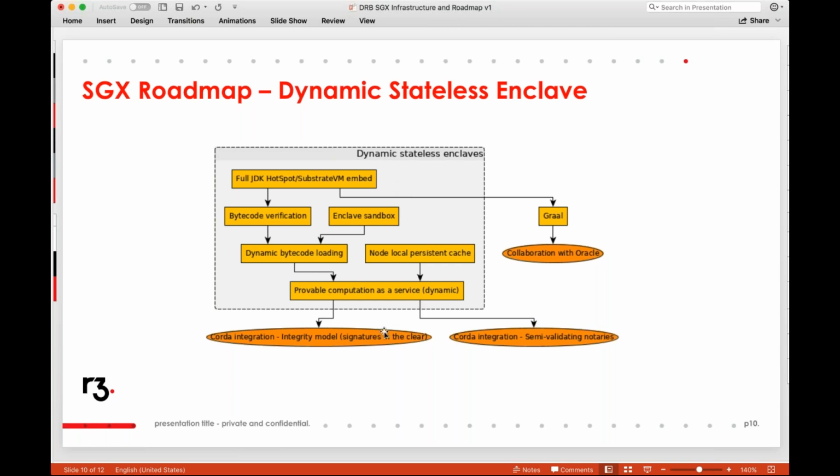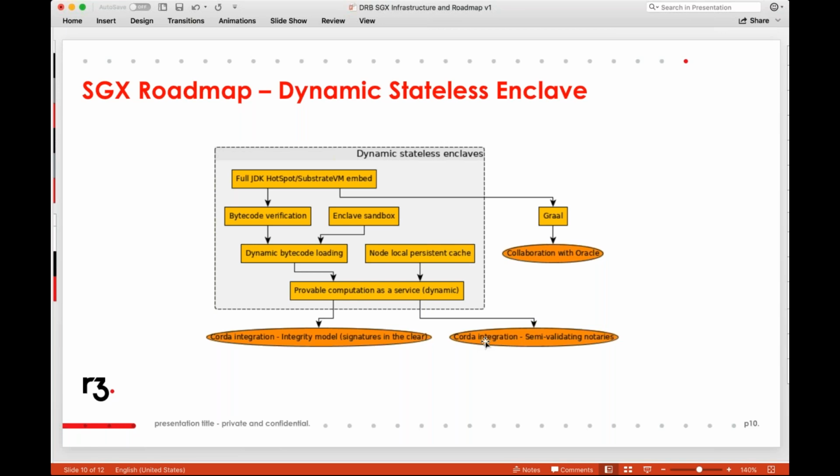And this allows two integration points. One is the integrity model that I mentioned earlier, where we provide signatures and then we trust SGX signatures as a proof of validity. And the other integration point is similar to that. So we get signatures of validity, but we still do the full provisioning between nodes in the clear.